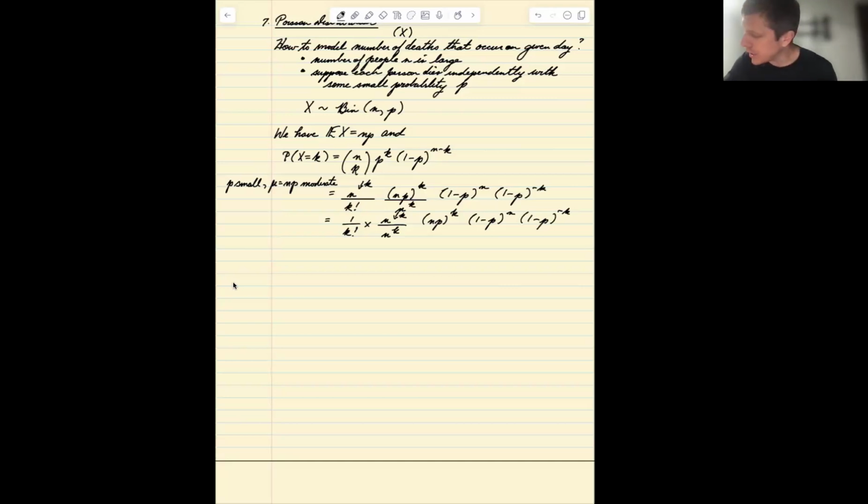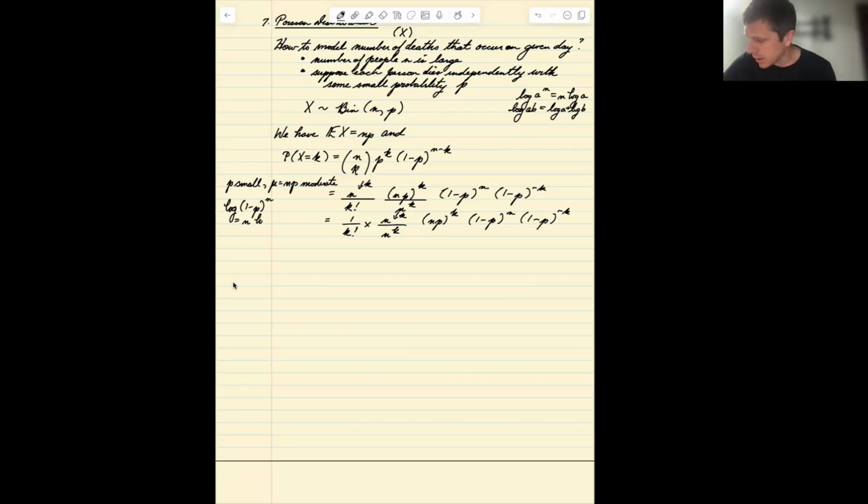So what can we do with that? Well, if we take the log of (1 minus p) to the power n, we're going to use some properties of logs. There are 2 really important properties of logs: log of a to the power n is equal to n times log of a, and log of a times b is log of a plus log of b.